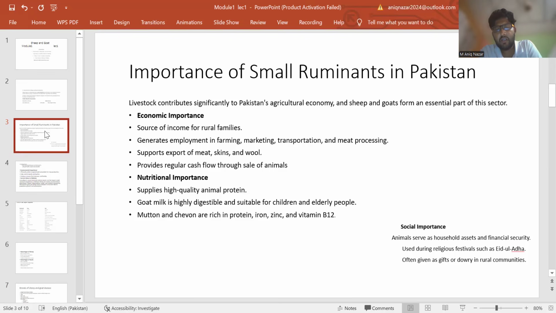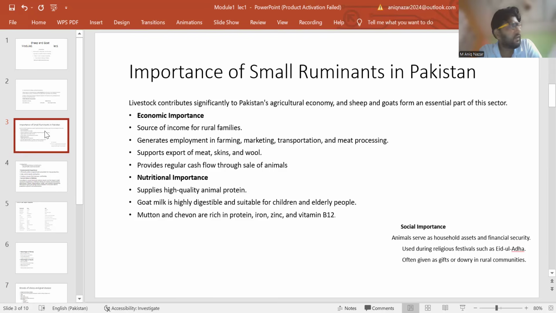Similarly, it is a main source of cash flow through the sale of animals in village areas. Different people have different choices, and in rural areas people sell sheep and goats. On every pregnancy, a sheep or goat usually has two little ones, and there is a period of about 6 months for the delivery of a goat.